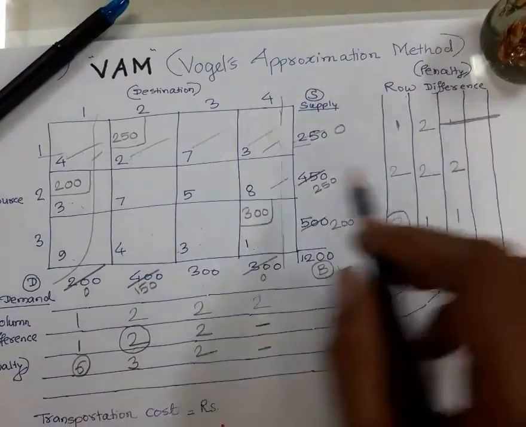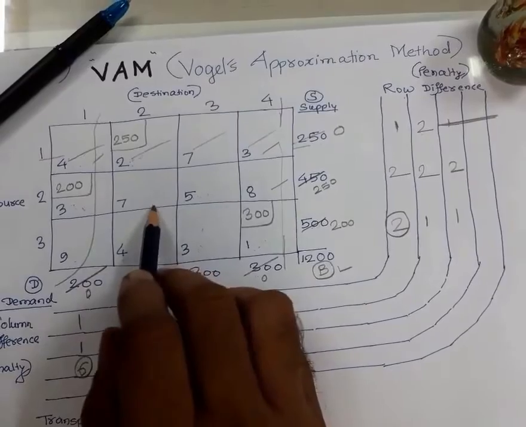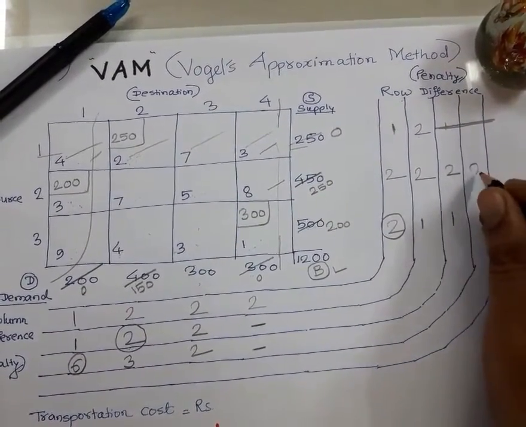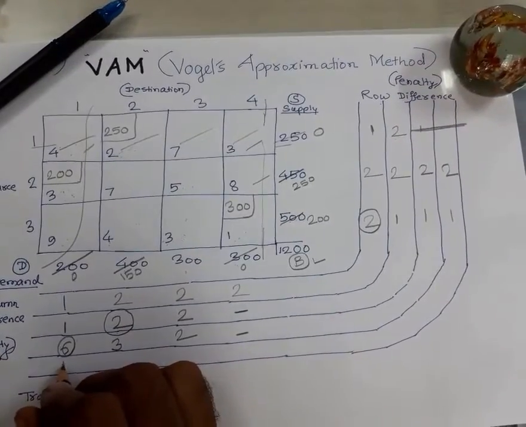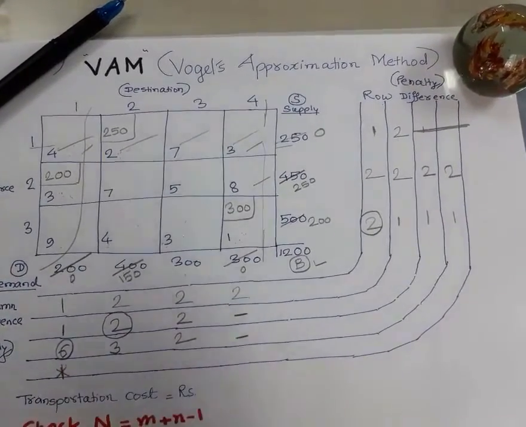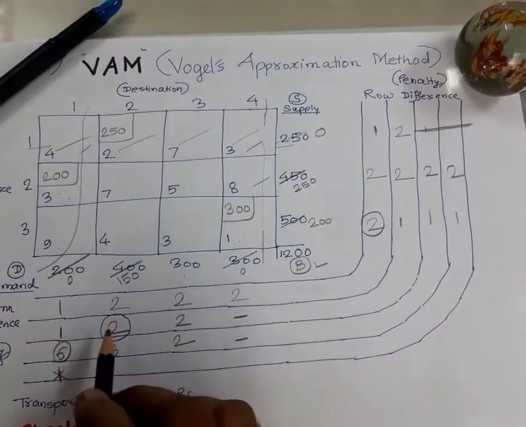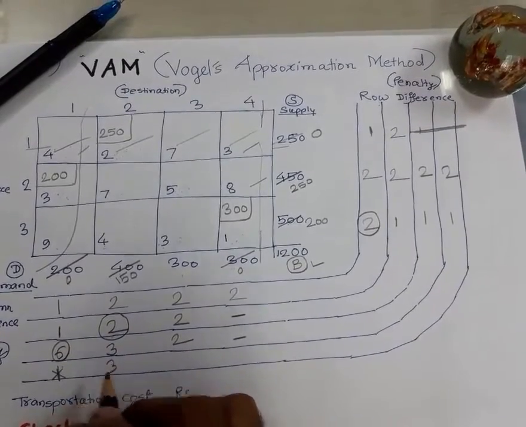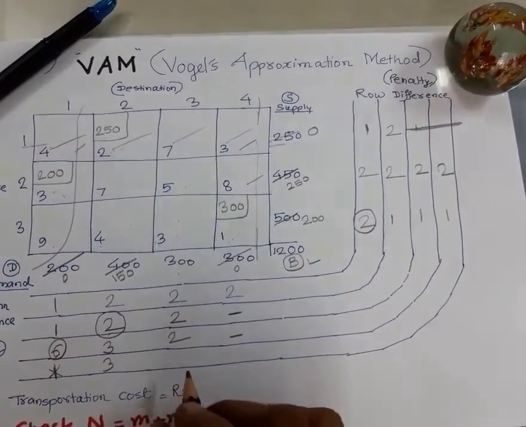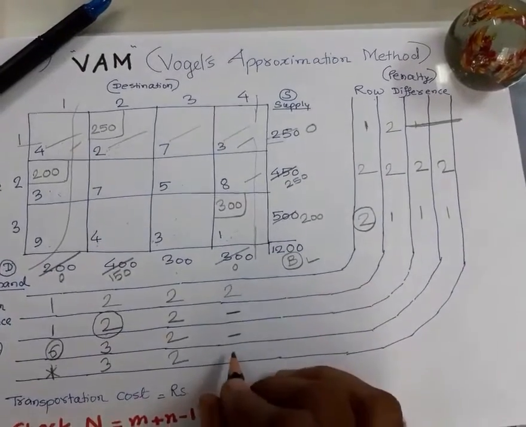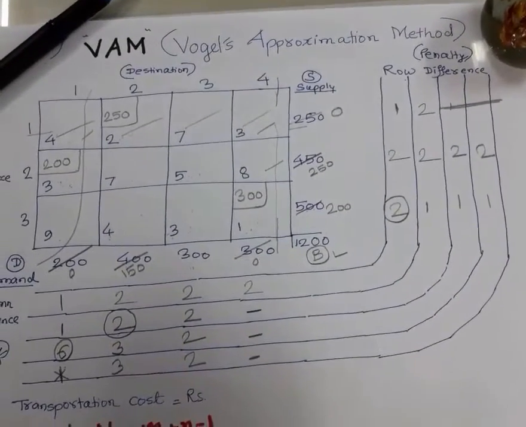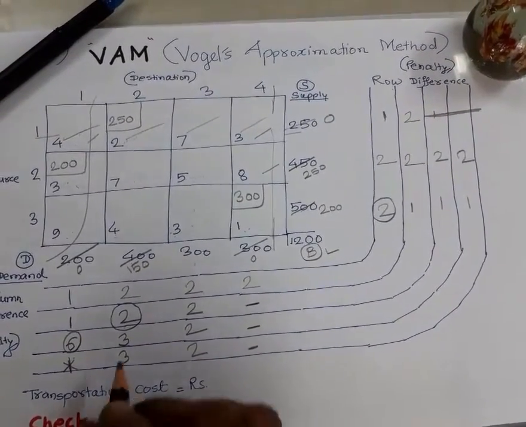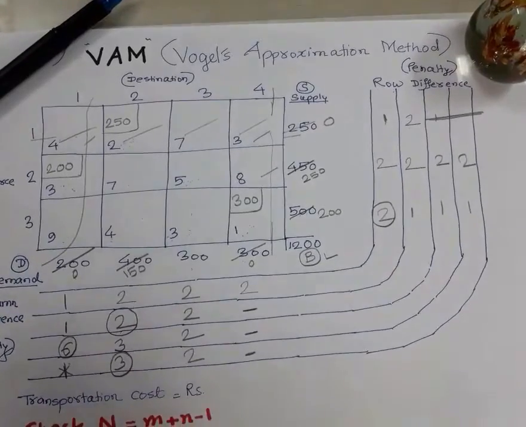Again find the penalties here. For the second row, 7 minus 5 is 2. There will be no allocation here. Second column, 7 minus 4, 3, 5 minus 3, 2. This is deleted. Now see the maximum penalty. This one, 3 is the largest value.